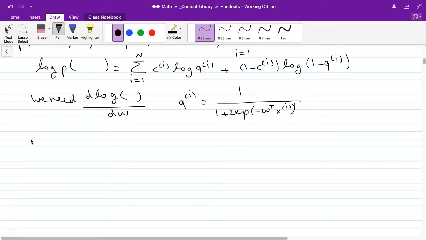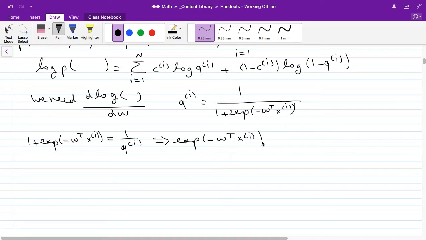So that function is 1 plus the exponential of minus w transpose xi, and that's equal to 1 over q_i. So therefore, the exponential of minus w transpose xi is 1 over q_i minus 1.